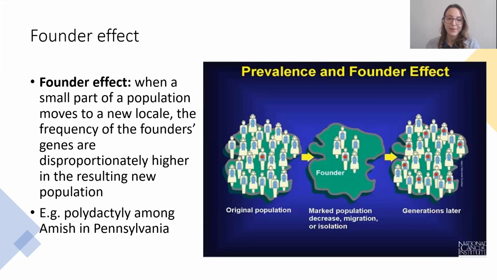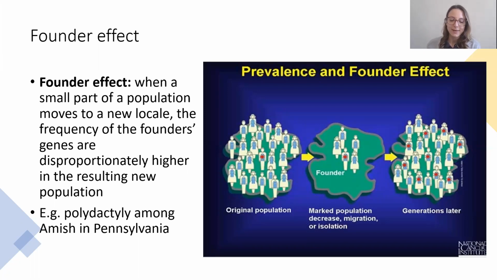Now, a pretty well-known example of that is actually the Amish who live in Pennsylvania in the States. The Amish in Pennsylvania can trace back their lineages to about 200 people that originally made the migration from Germany into the States in the early periods of the United States. And what happened due to that?